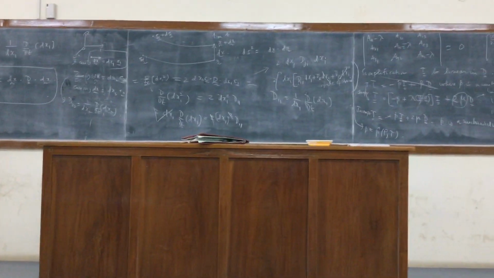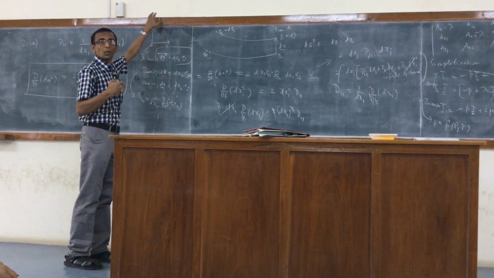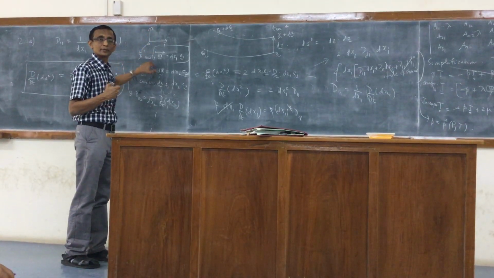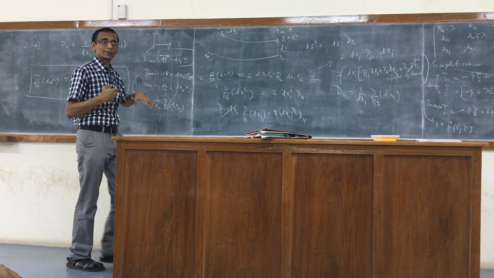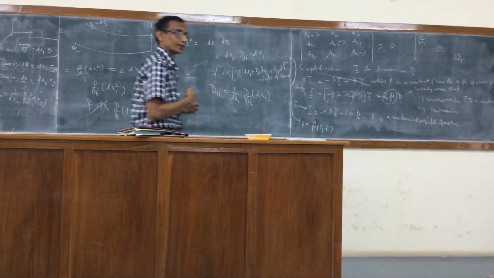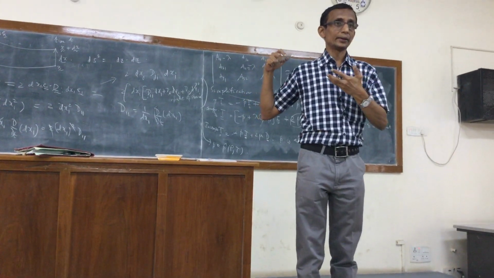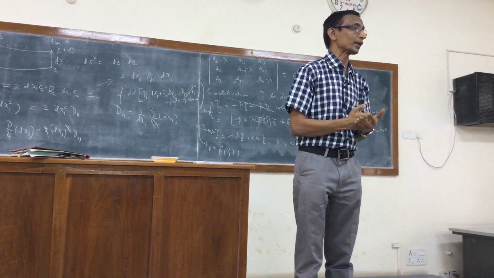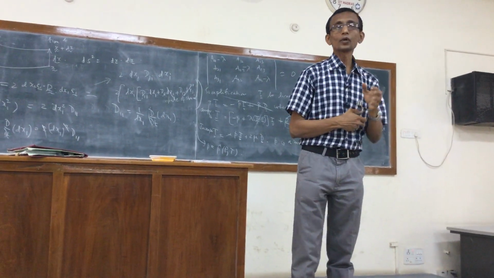D22 can be regarded as the time rate of change of a fluid element oriented in the O2 direction per unit length of that element. And D33 can be similarly regarded as the time rate of change of a fluid element oriented along the O3 direction per unit length of that element. So it's like a rate of strain. Are there any questions?